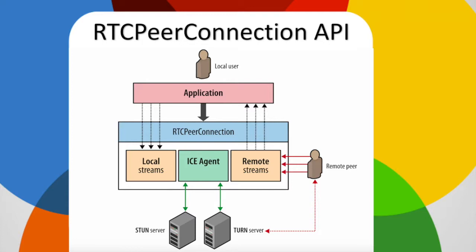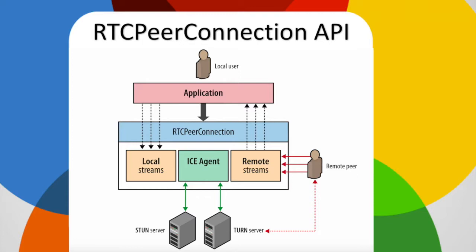RTCPeerConnection manages the full ICE workflow for NAT traversal. RTCPeerConnection sends automatic STUN keepalives between peers, and it keeps track of local streams and remote streams. RTCPeerConnection triggers automatic stream renegotiation as required.